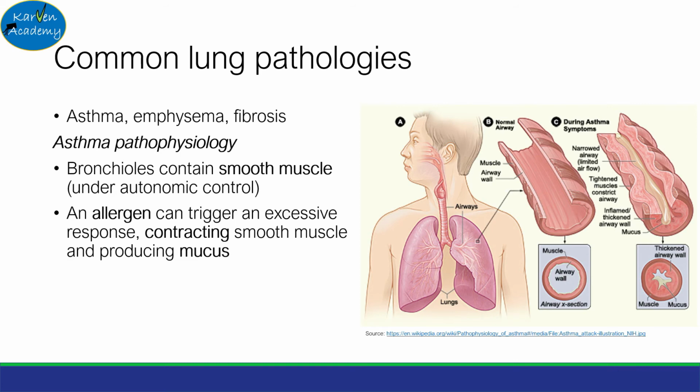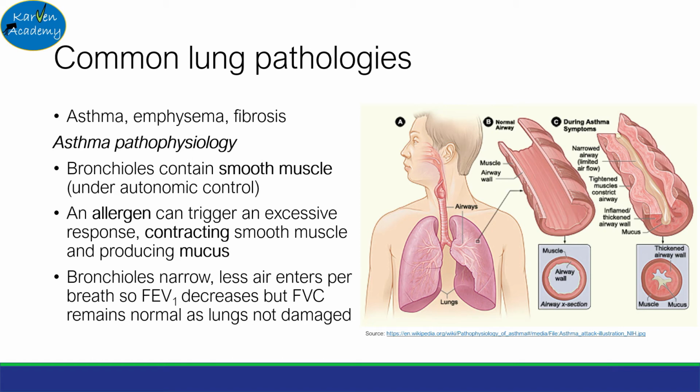This narrows the bronchioles, meaning less air enters in each breath, so hence FEV1 decreases. But FVC remains normal as the lungs are not damaged, so the lung still retains normal capacity. Hence, the FEV1 to FVC ratio decreases. This is an important ratio to determine the type of lung disease individuals may have.